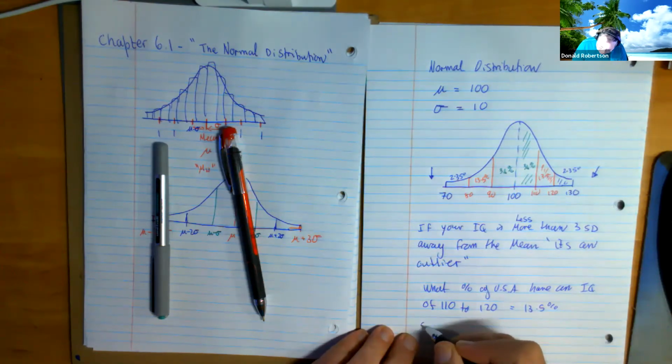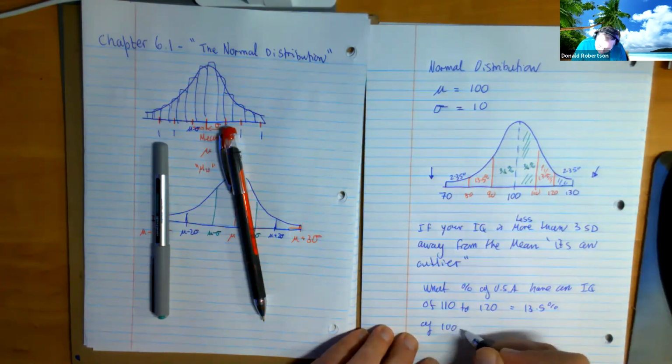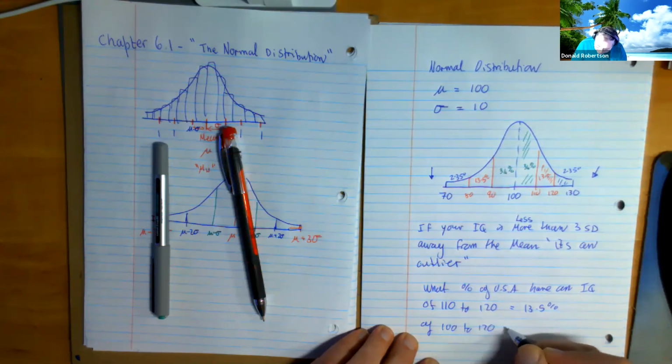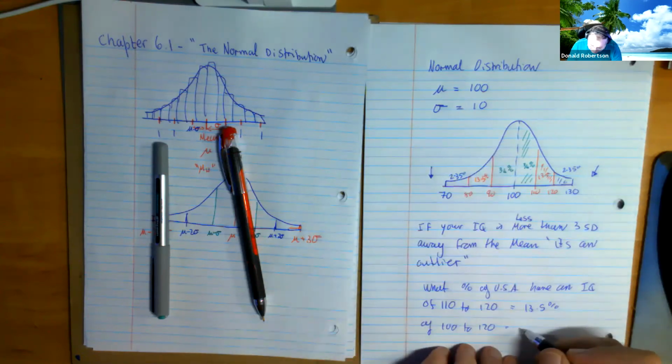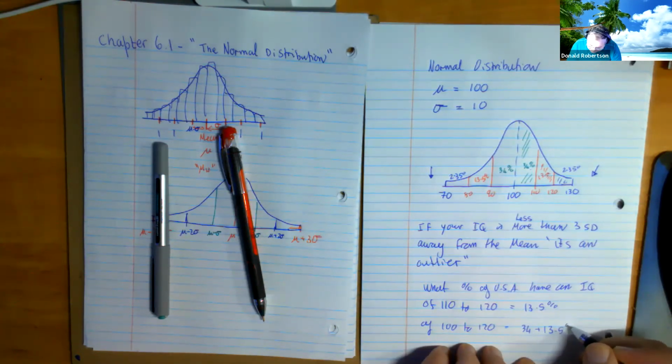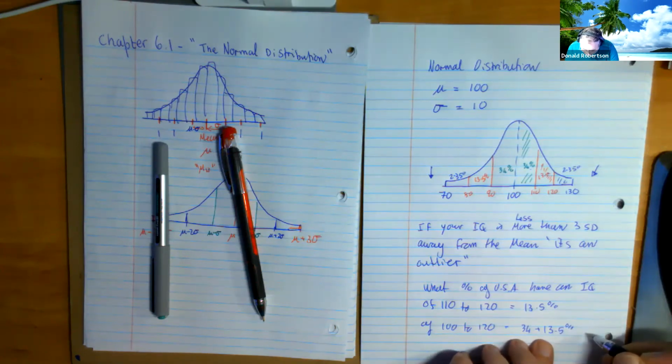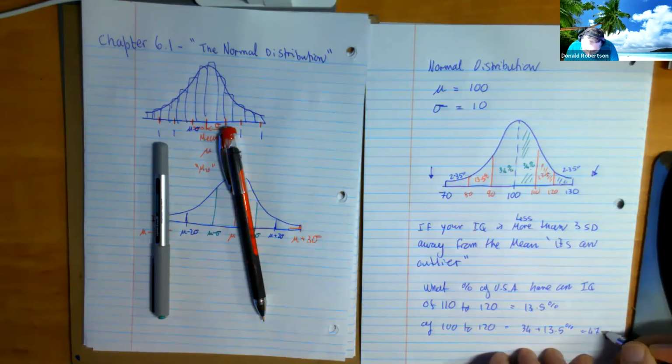If I went and asked you who had an IQ of 100 to 120, can you see that you add 34 and 13.5 together? And that's 47.5%, sorry.